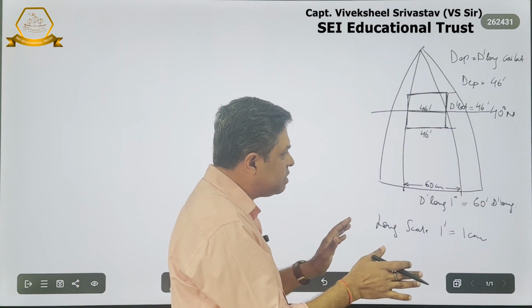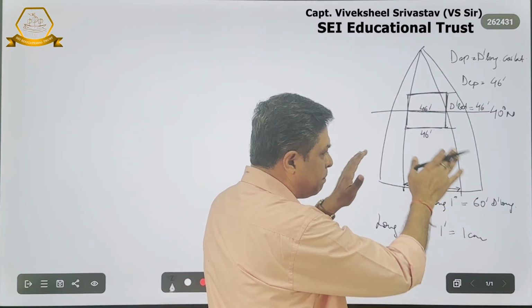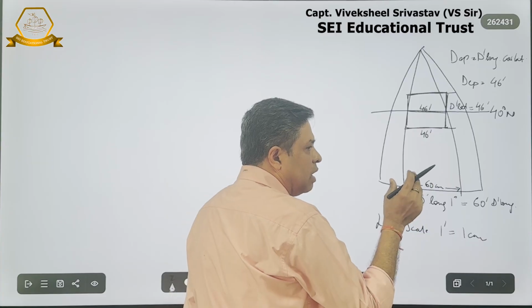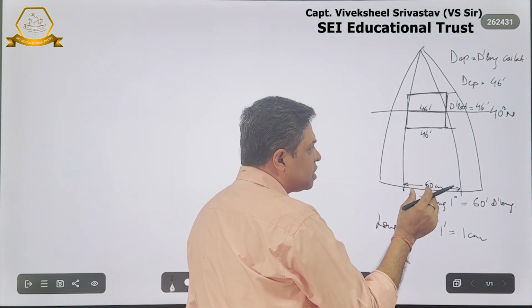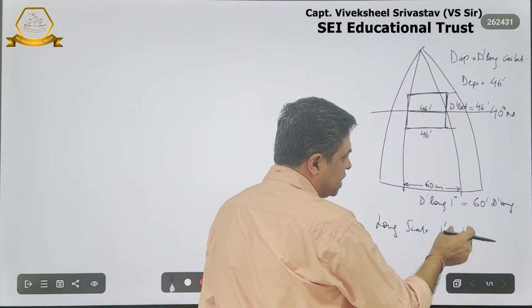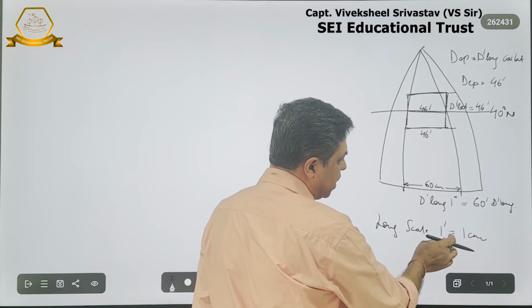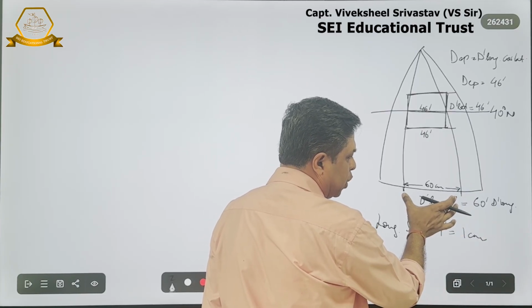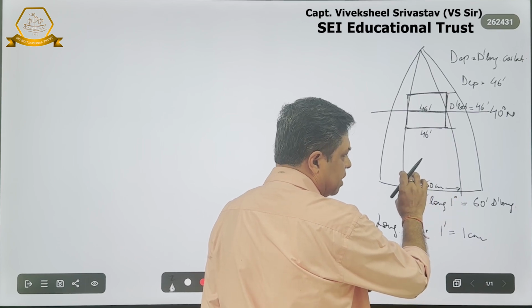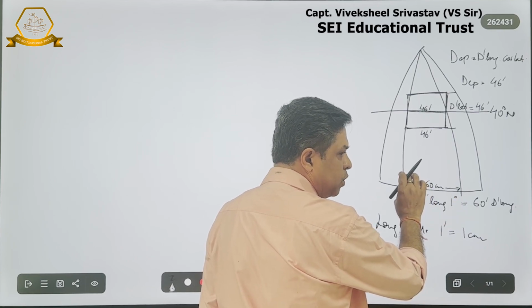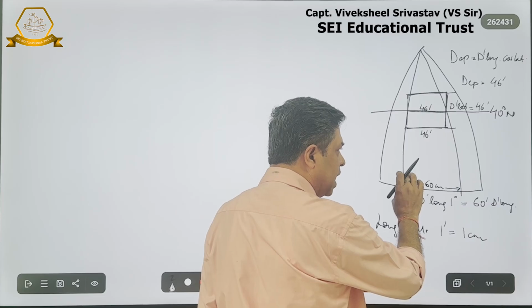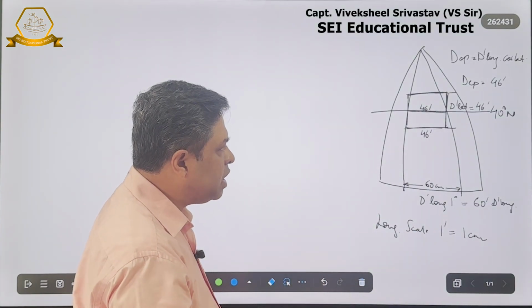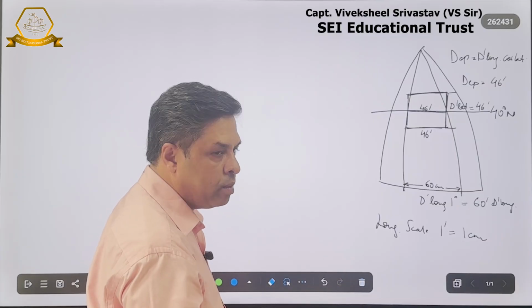Now, since this is still a part of the globe, on the globe the mile is constant everywhere. If I say my scale is 1 minute is 1 centimeter at the equator, here 1 minute of latitude is also equal to 1 centimeter, and everywhere 1 minute is equal to 1 centimeter, whether we take it on latitude or longitude.